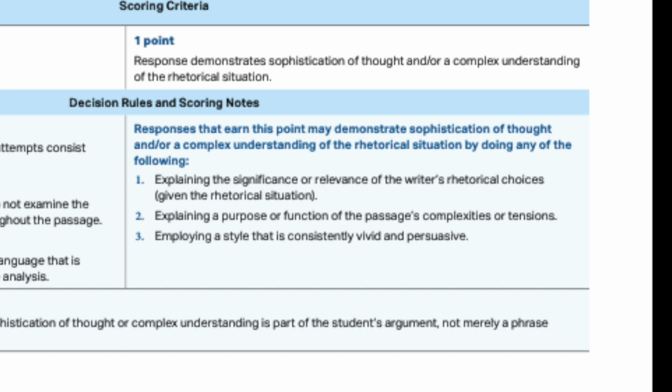You're going to explain the purpose or function of the passage's complexities or tensions. Now, this is a little more complicated, and we haven't talked as much about this. You're looking for ways in which the author does things in the crafting of the message to try to address the situation. So maybe they start by offering contrary information, but then they go to information that supports.